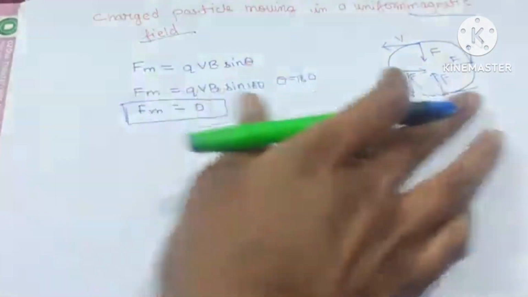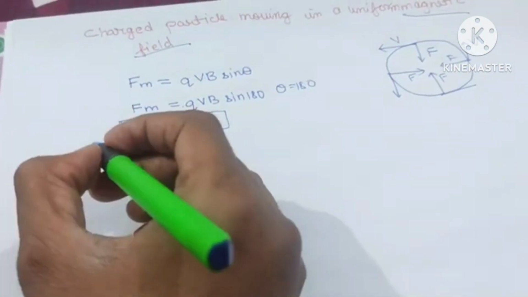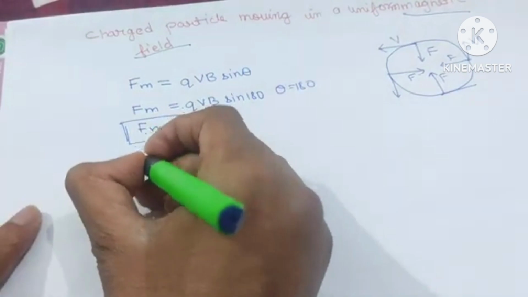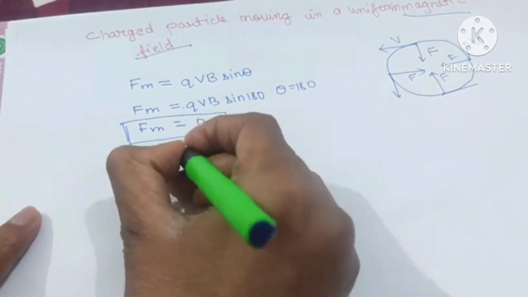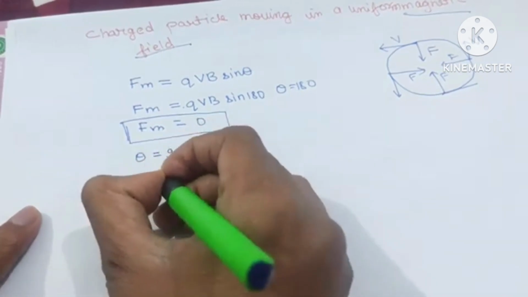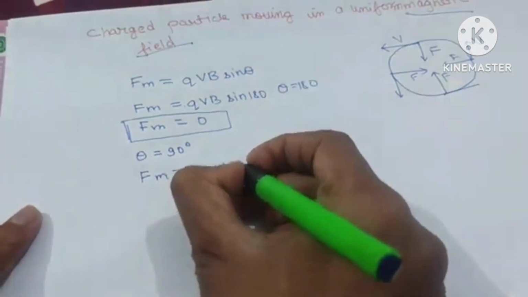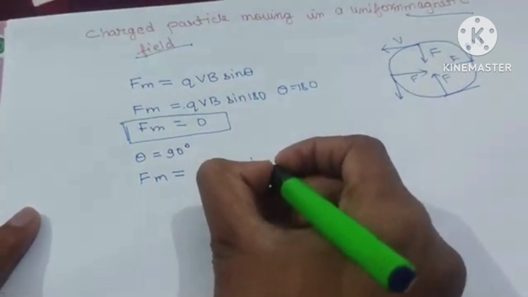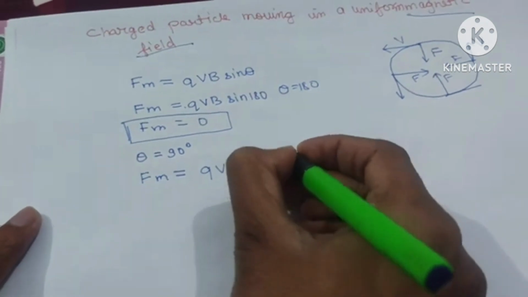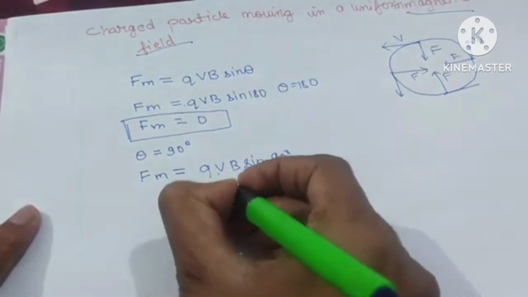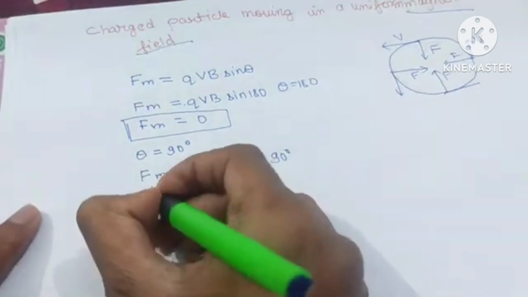Now we'll take theta equal to 90 degrees. If we take theta equal to 90, what will happen? qvB sin 90 degrees will become qvB.